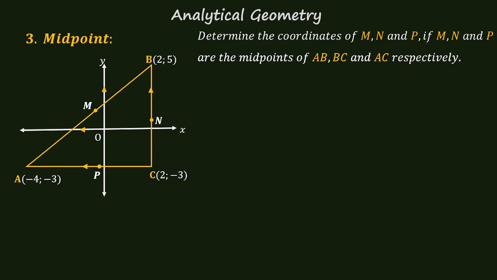Remember the midpoint formula that was covered in grade 10. To find the midpoint between 2 points, all you have to do is find the average of the x values to find your x coordinate.